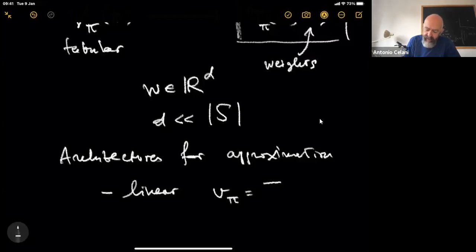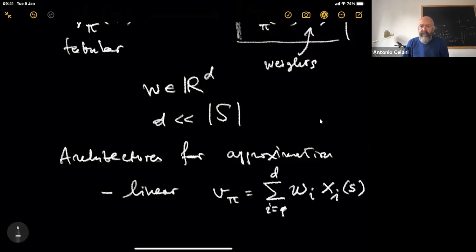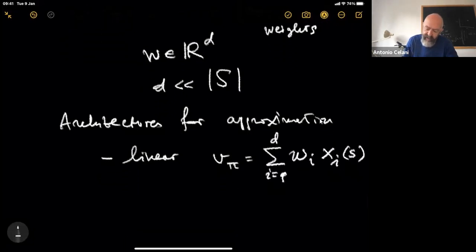We're going to describe this as a sum over the weights times some x_i's. Okay, so another way of writing this is w, which is a row vector of length D, times the column vector x, again of dimension D, for every s. Okay, so that's the same. So this is a linear approximation.